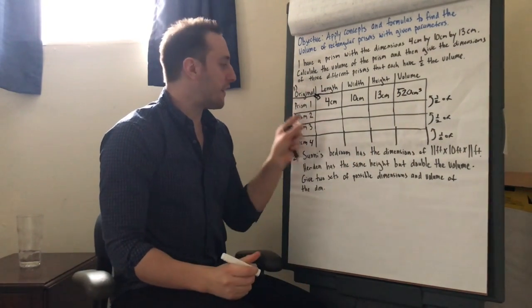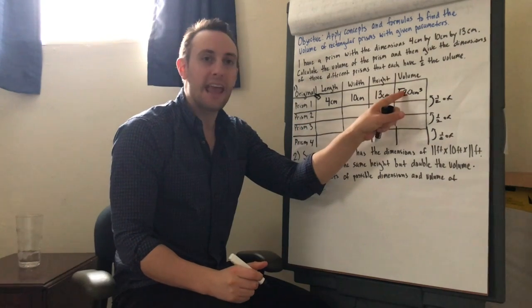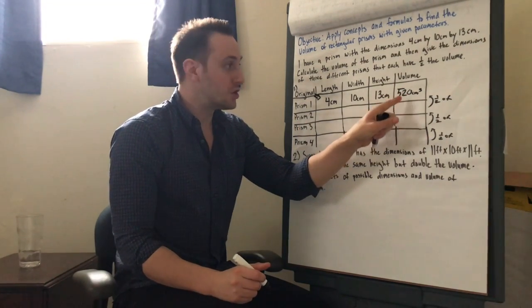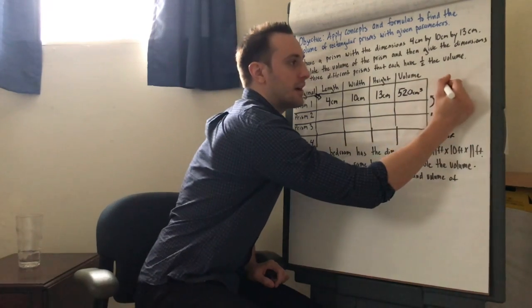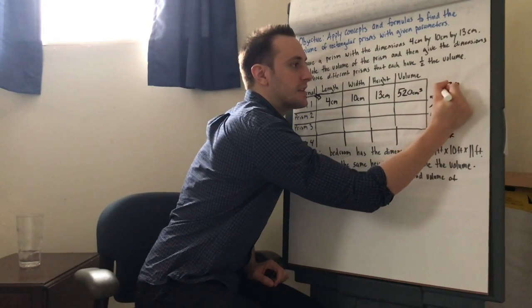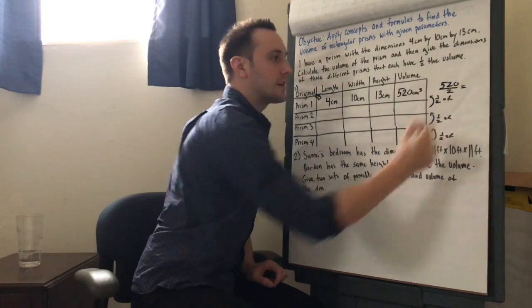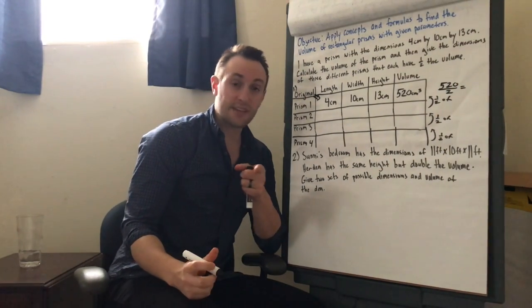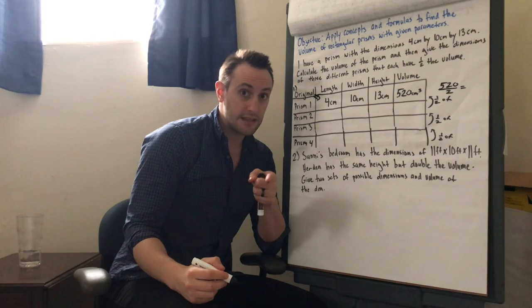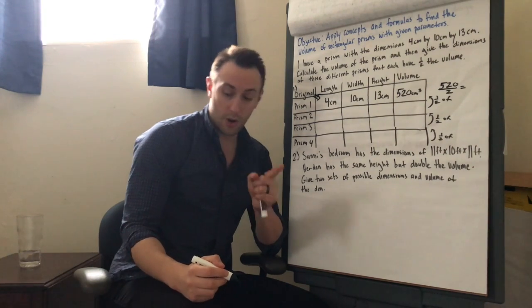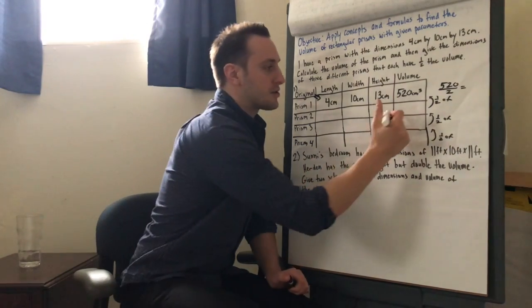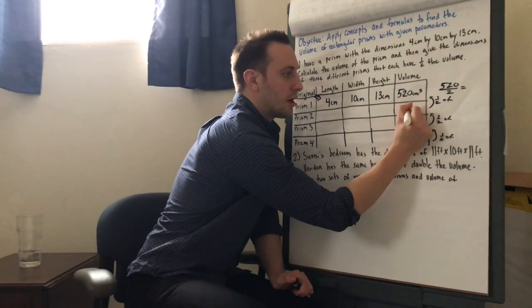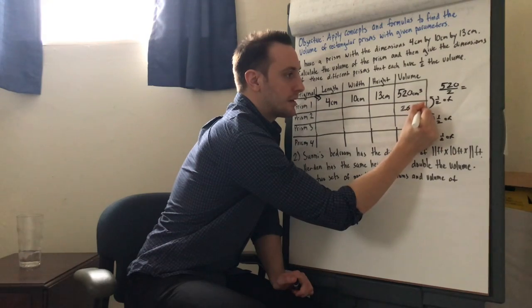Now the volume of prism 2 has to be half of this. So what is 1/2 of 520? Pause the video, calculate it, and come back to me. Okay, I'm sure you found that half of 520 is 260 centimeters cubed.